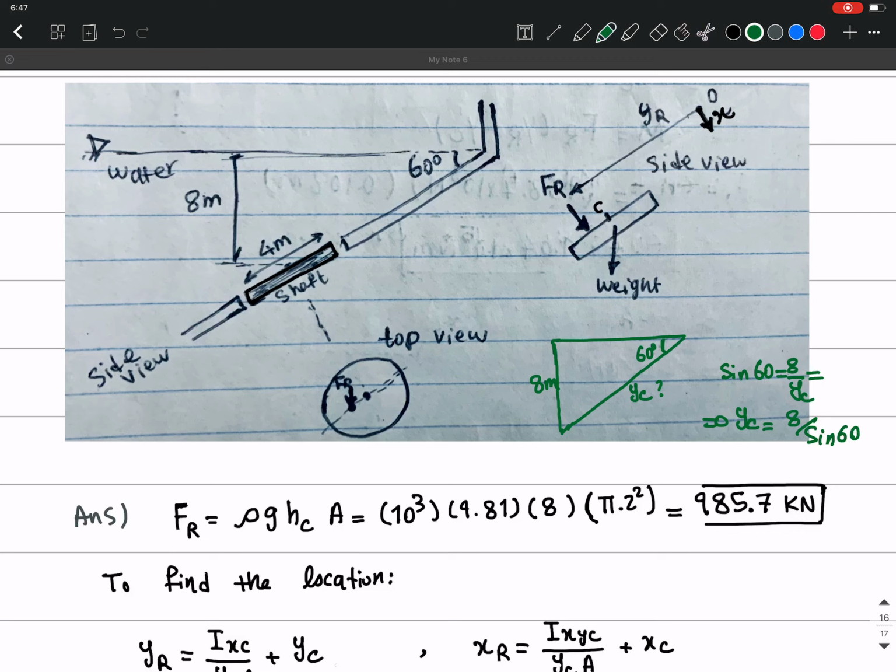Because you just need to put it here, because yc times sine 60 is gonna be 8, right? So yc is gonna be 8 over sine 60.